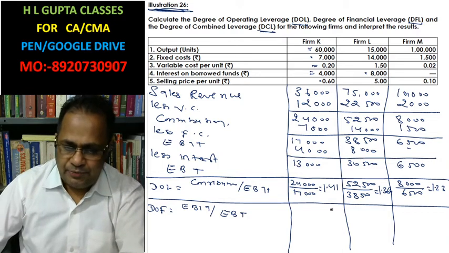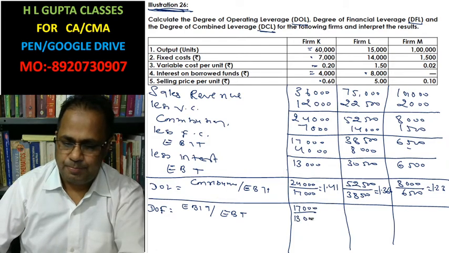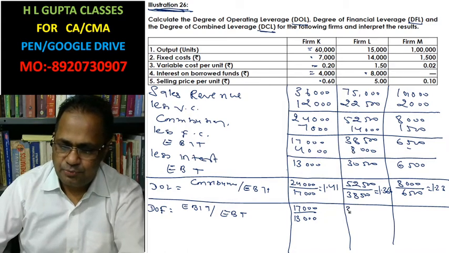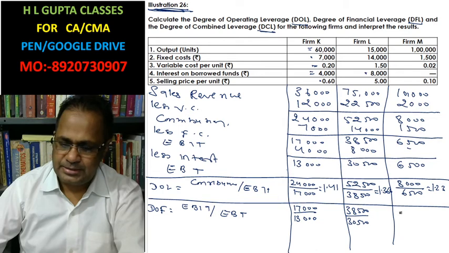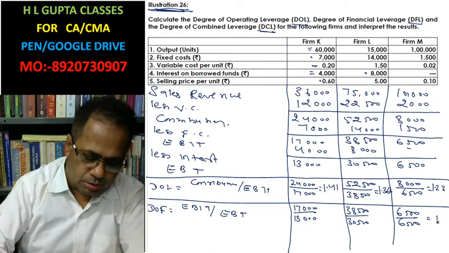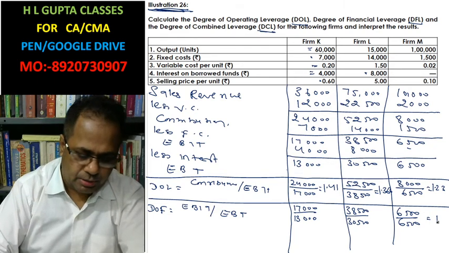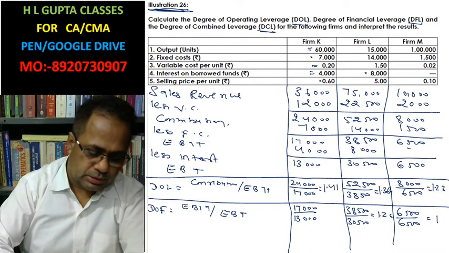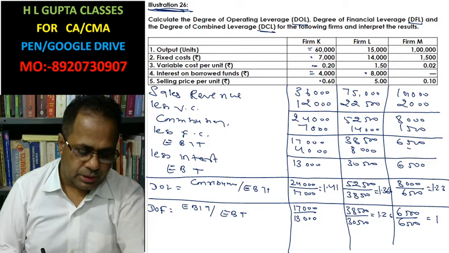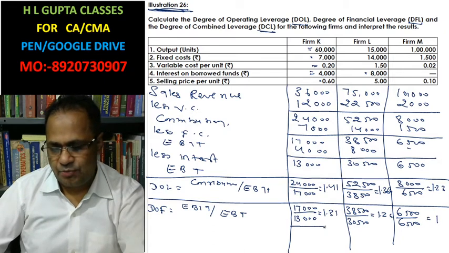EBIT is 17,000 divided by EBT 13,000, which is 1.307, that is 1.31. Here EBIT is 38,500 divided by 30,500, which is 1.26. And 6,500 divided by 6,500 is equal to 1. This is your degree of financial leverage.